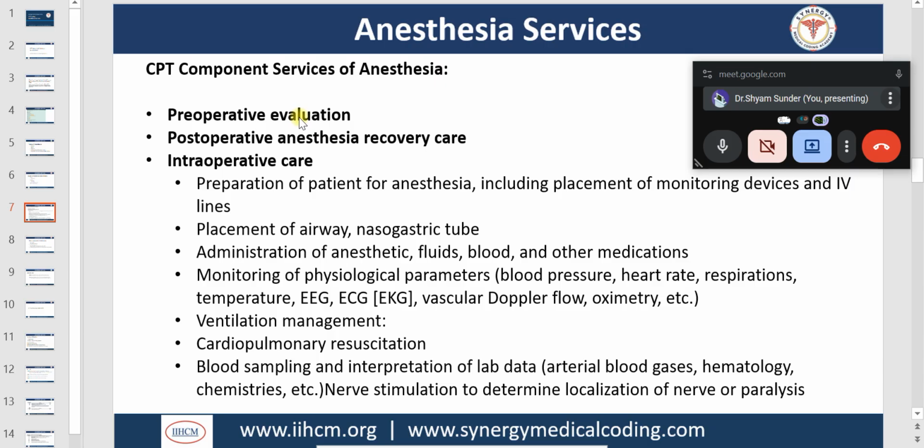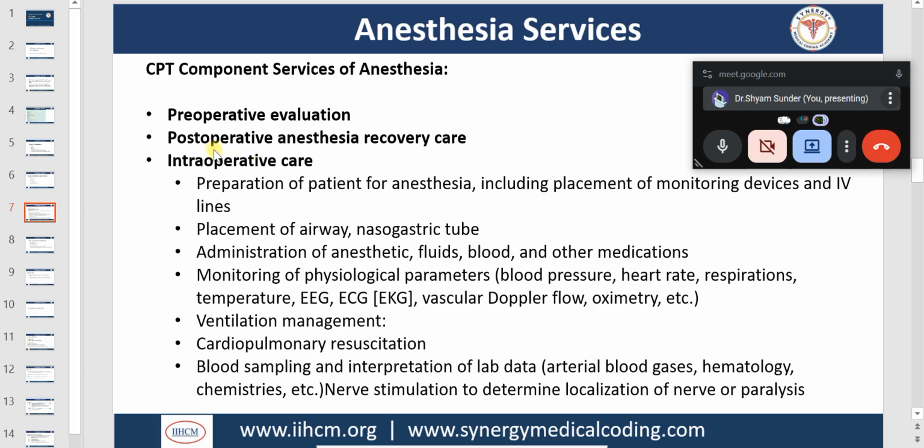And of course, the post-operative anesthesia recovery care and intraoperative care. During surgery, anesthesia has to be provided, maybe 30 minutes, 1 hour, 5 hours, 6 hours, depends.